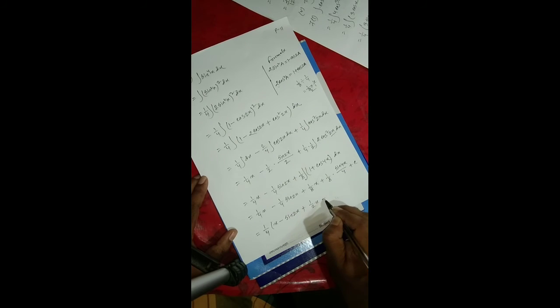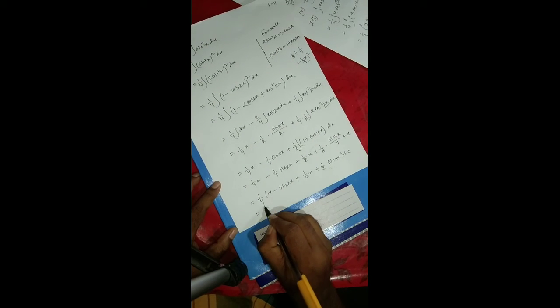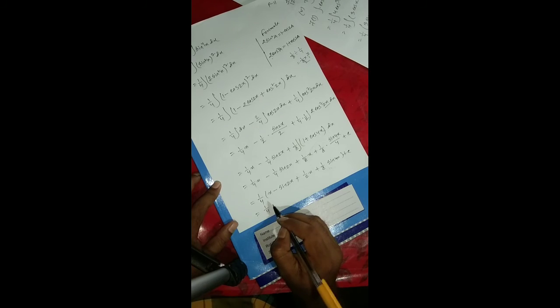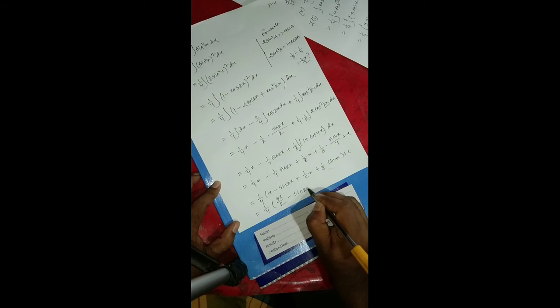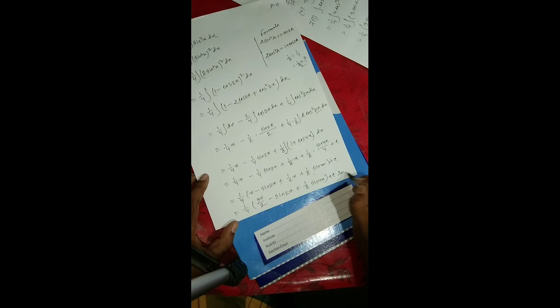Half x plus 1 by 8 sine of 4x plus c. Now 1 by 4, x plus half x, that means 3x by 2. 3x by 2 minus sine 2x plus 1 by 8 sine of 4x plus c. This is the answer.